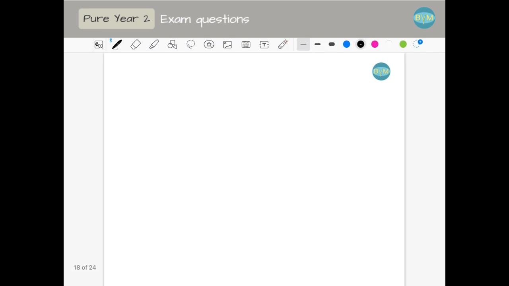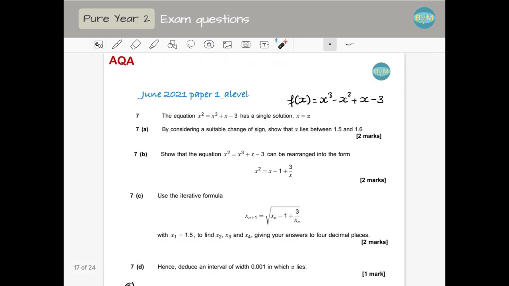So x1 was 1.5. If I substitute that, I get x2, and my advice is that you keep the values in the memory of the calculator so you don't lose decimals. Don't round or anything like that during this process. This is x2 to 4 decimal places, they are asking for 4 decimal places.